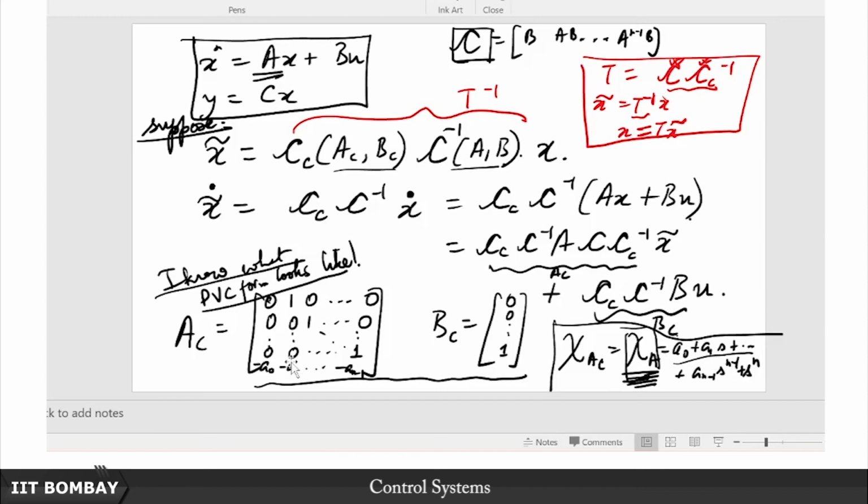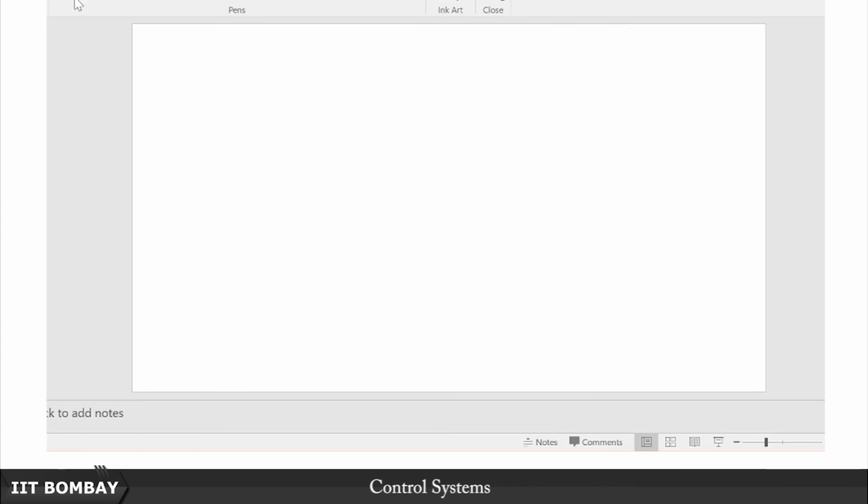Now I need to be able to go back to the system that is actually existing, that has actually been realized before me, and I need to be able to say what the K is. The Kc that I applied in the controller canonical form will not work here. So what is it that should work here? Well, the answer is again in the similarity transformation. I have x dot equal to Ax plus Bu.